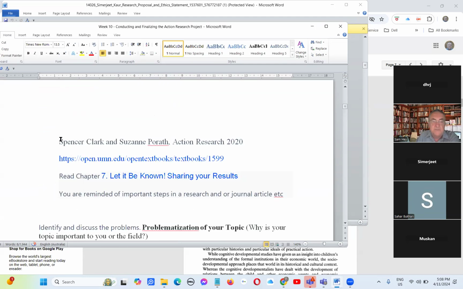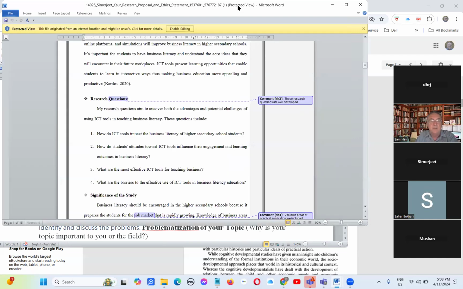So this material I've taken from Spencer Clark and Susan Perath in their book on action research, which you can find if you type this into Google, and you'll find it's an open, readily available textbook. And we're looking at chapter 7 in particular, but if you want to look at the other chapters as well, then you can find them very useful.